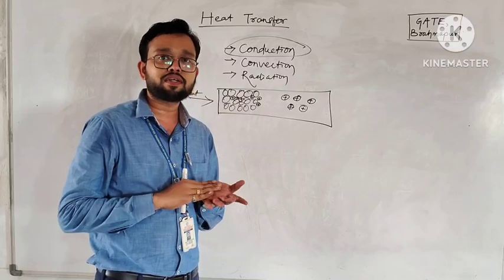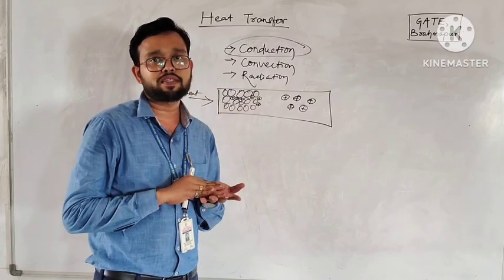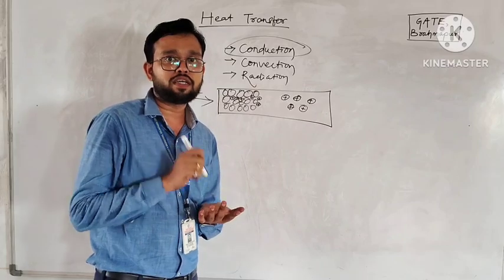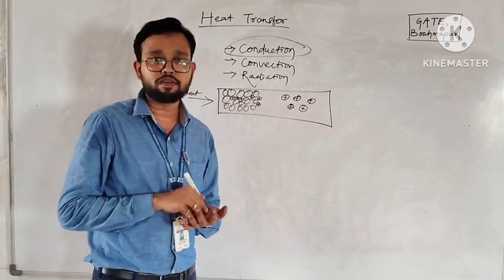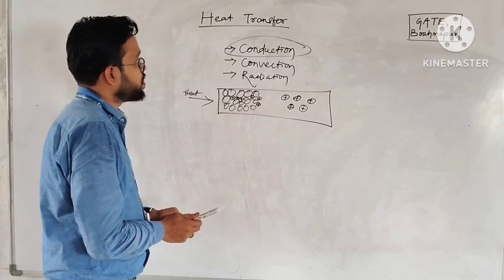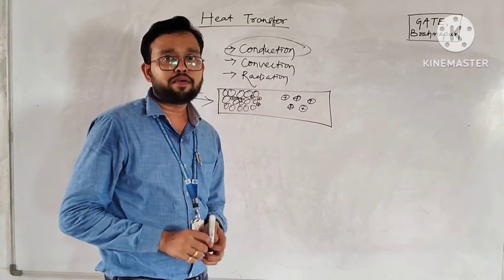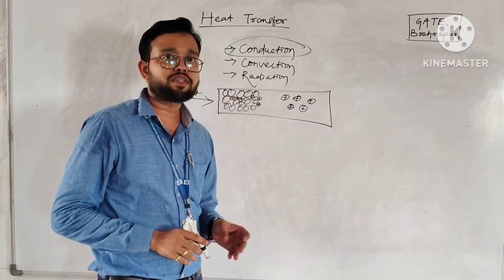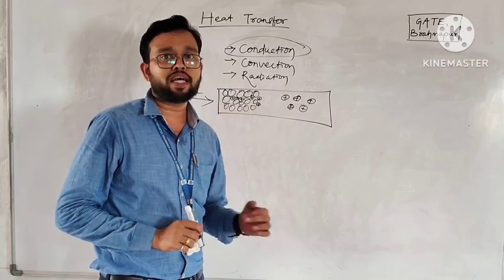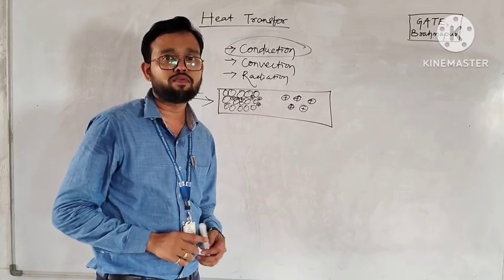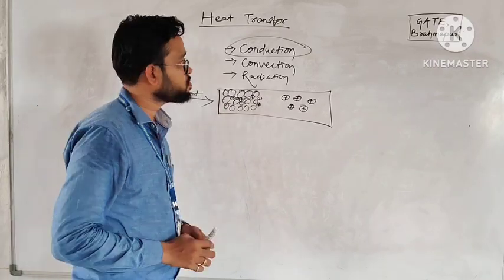The temperature from our hand surface transfers to the ice, due to which heat transfer is done. Another example is at the sea beach, the transformation of heat from the sand to our body parts. It is also an example of heat transfer.